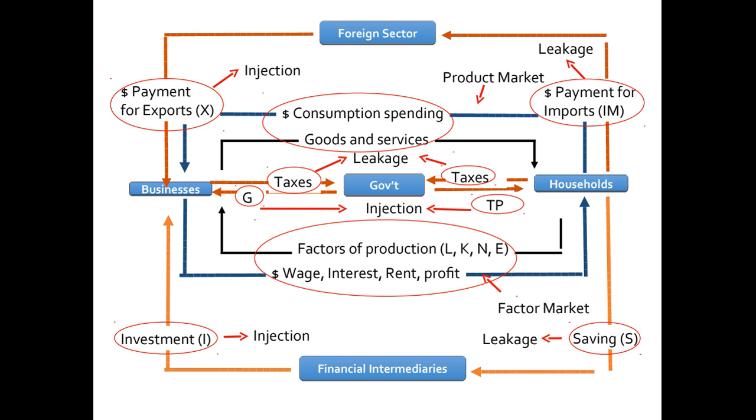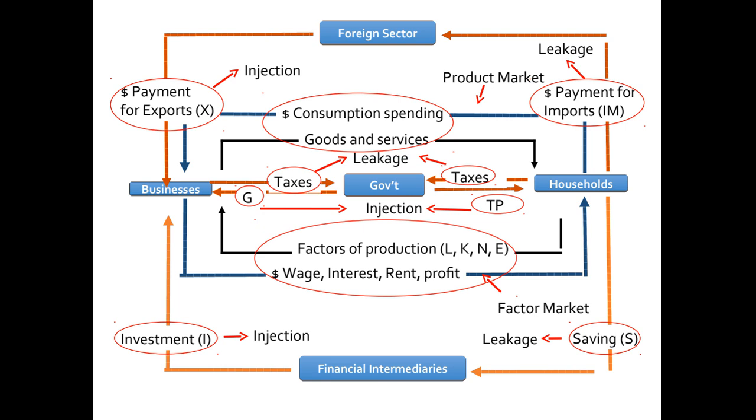By leakages, I mean when the money is going out of the system. And what is the system? The system is just these two sectors, the business sector and the household sector. If money is going out of the household sector or out of the business sector, that is leakage. So leakages are that amount of money that is going out of the system.